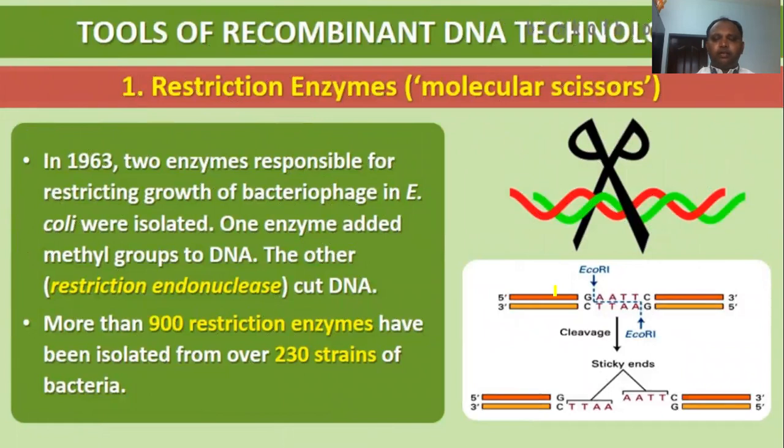Now let's see the historical event. In 1963, two enzymes responsible for restricting the growth of bacteriophage in E. coli were identified. The bacteriophage, we know, is a DNA virus that specifically infects bacteria, so we call this virus a bacteriophage.